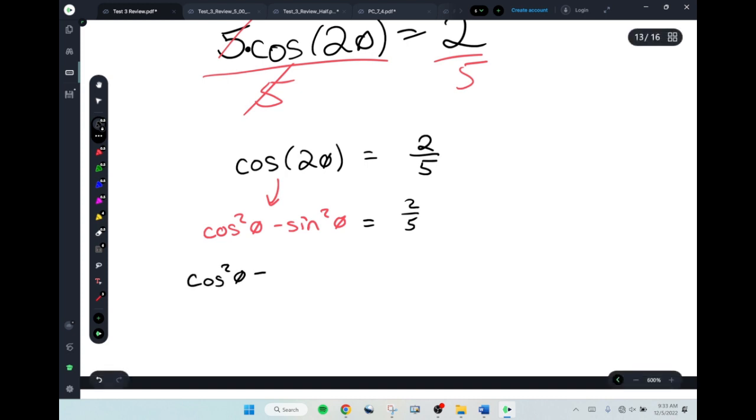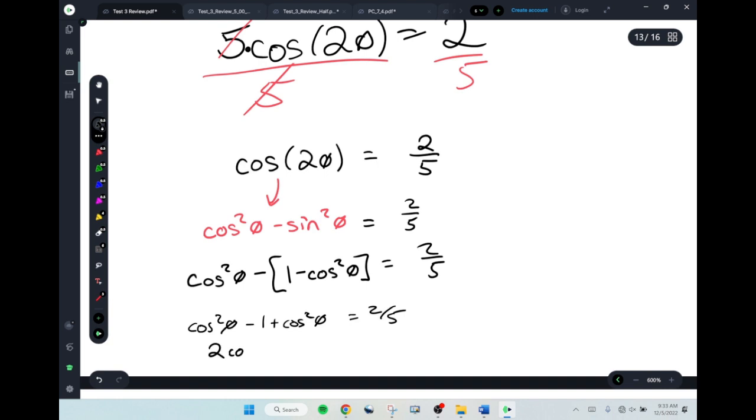So what am I replacing that sine with in big old parentheses? 1 minus cosine squared theta equals 2 over 5, which means we get cosine squared theta minus, 1 minus cosine squared theta, equals 2 over 5. Whoop, wait, no, that's wrong. Plus sign.